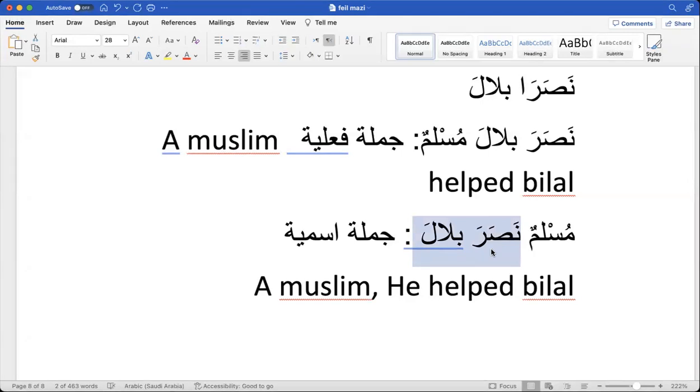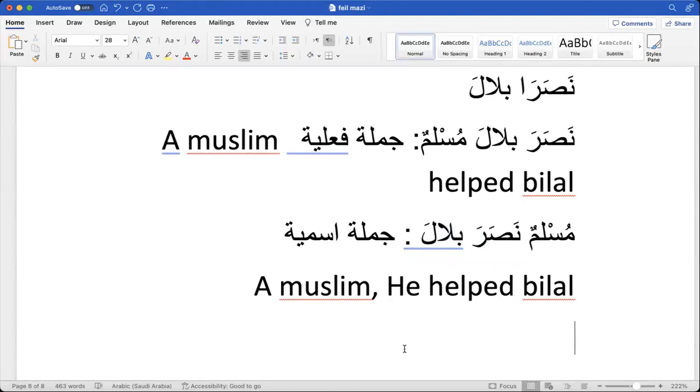It can be Jumla Ismiya or Jumla Failiya. So in this case, Khabar is a Jumla Failiya, where the fail is he, the inside doer, and maf'ul is Bilal. So far clear? Any confusion? Or do you want me to repeat it? Clear? Okay, so this is the Jumla Ismiya where Muslimun is Mubtada, first marfu, and Khabar is Nasara Bilala, which itself is a Jumla Failiya where Zamir Mustatir Huwa is the inside doer and Bilala is maf'ul.